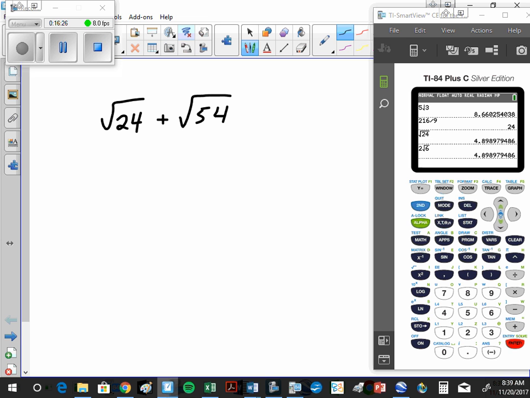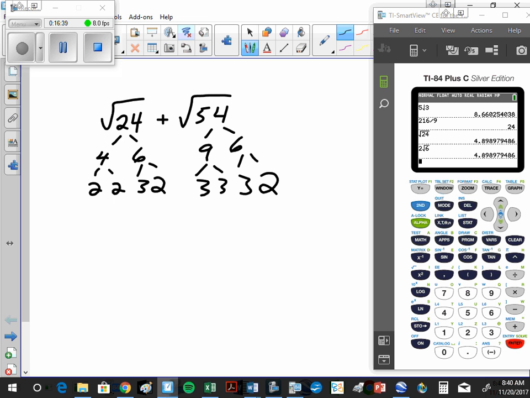They might go together, but right now they don't. So 24 can be simplified into 4 and 6, 2 and 2, 3 and 2, 9 and 6, 3 and 3, 3 and 2. Does the first one have any pairs? Yes? 2 times the square root of 6 plus, what's the other one?